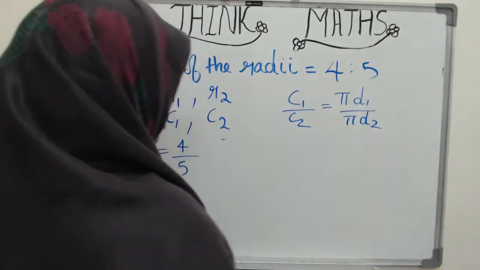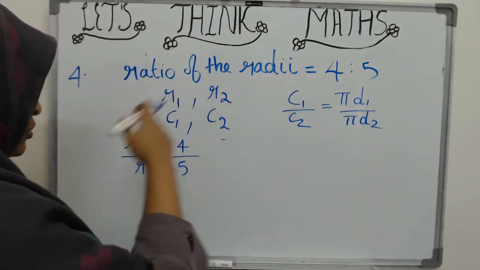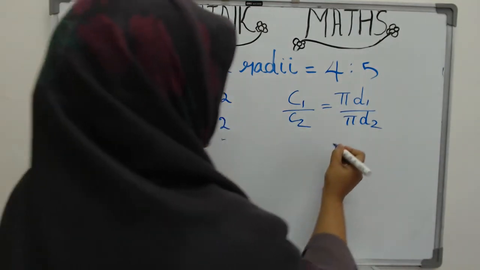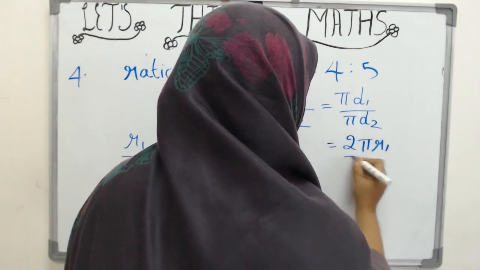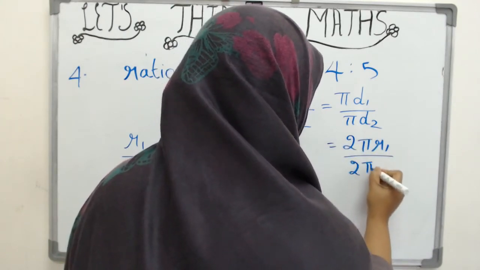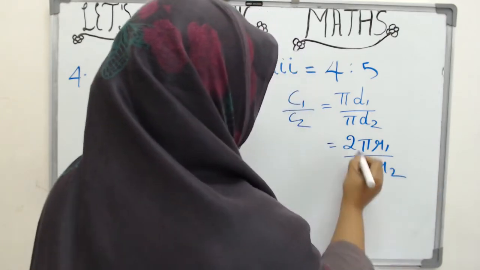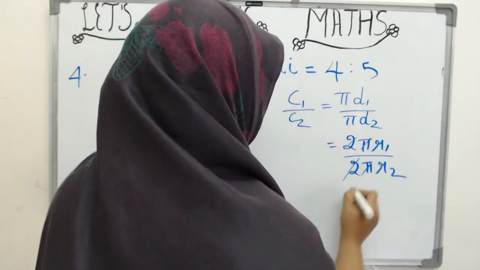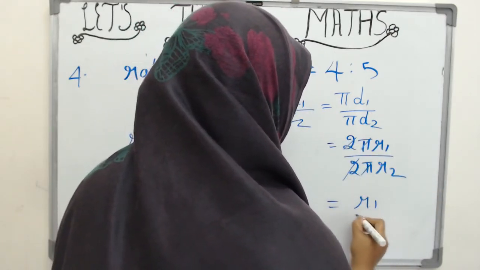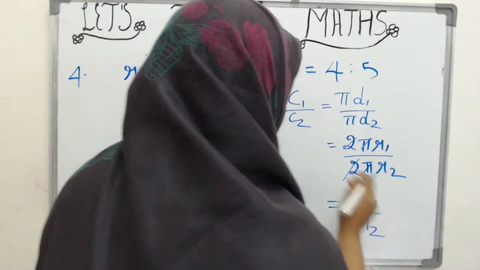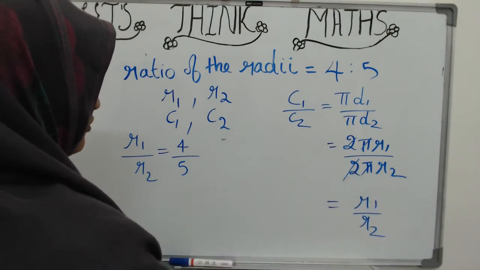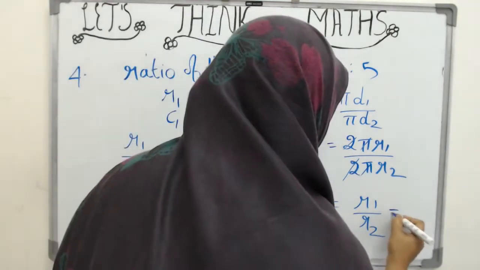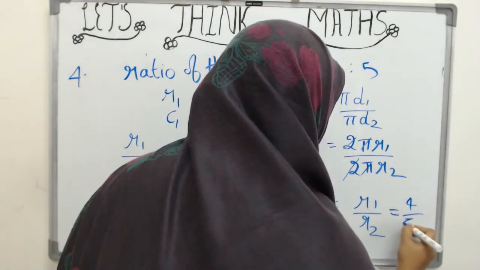Now, we do not know what D1 and D2 are, but we do know what R1 by R2 is. So that will be 2 pi R1 by 2 pi R2, and cut. So the ratio of their circumferences is the same as the ratio of their radii, which is 4 by 5.